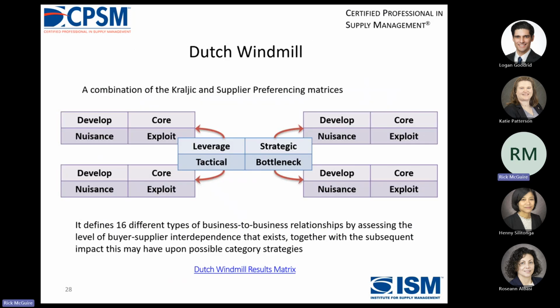But anyway, what you can do is combine the two. So this is the Kraljic matrix, and then this is what we were just looking at, the supplier preferencing matrix. If you put them in the Kraljic matrix at leverage, then you think, well, where does the supplier have me? They might have them in develop.